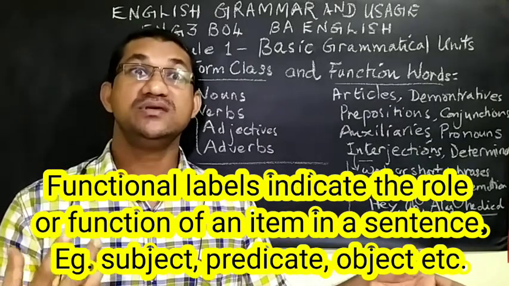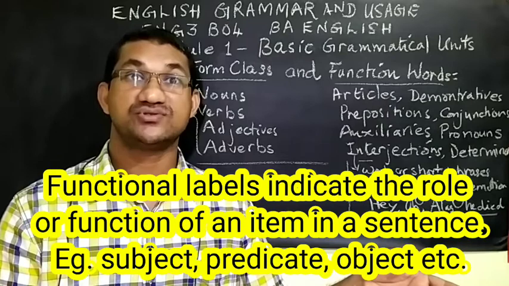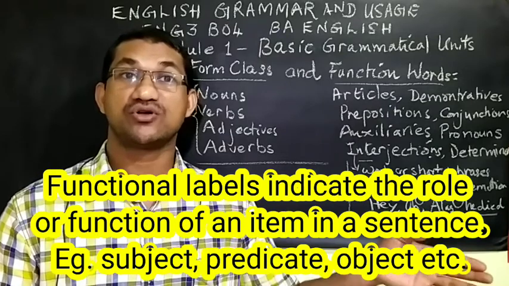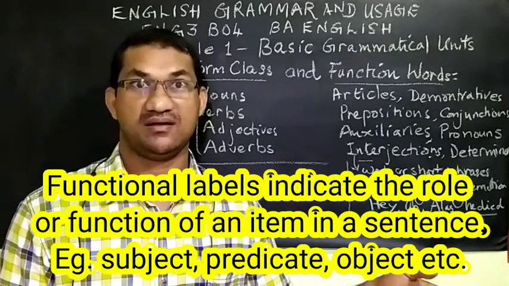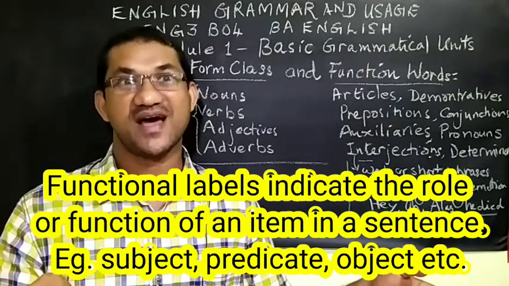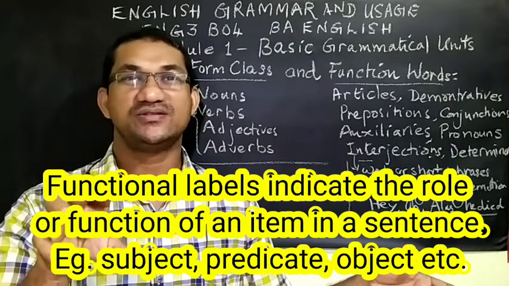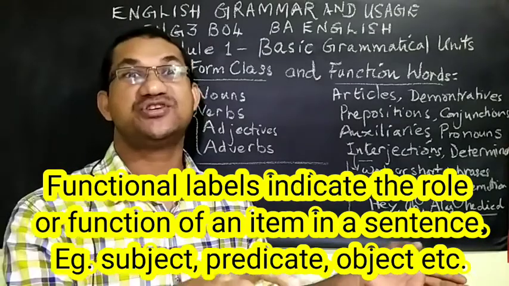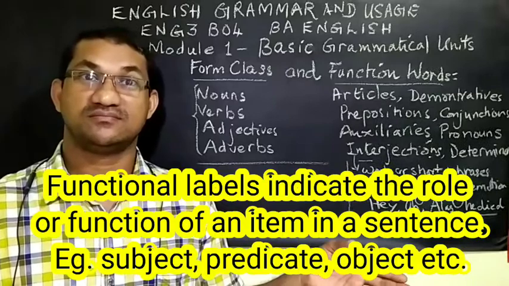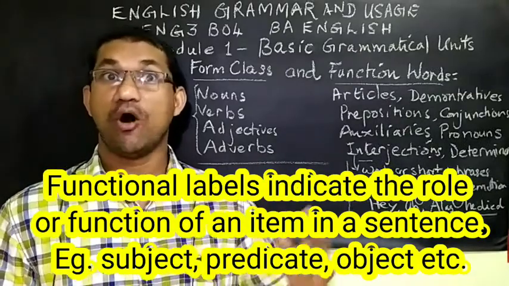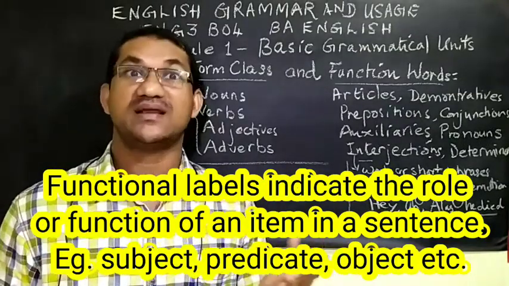But these vocabulary items, John, a noun, and song, another noun, are functioning differently. We can say that John is the subject of the sentence, John sings a song. But a song is the object. That is also a noun, but it is the object.